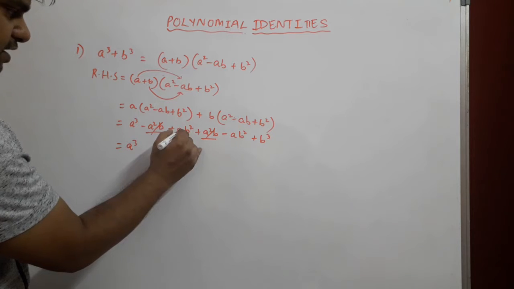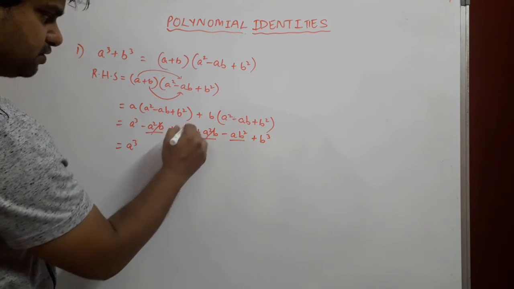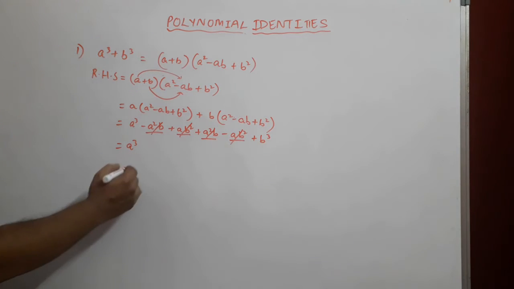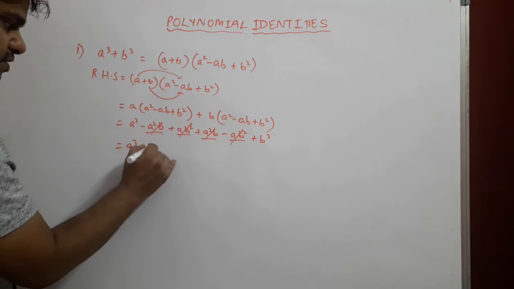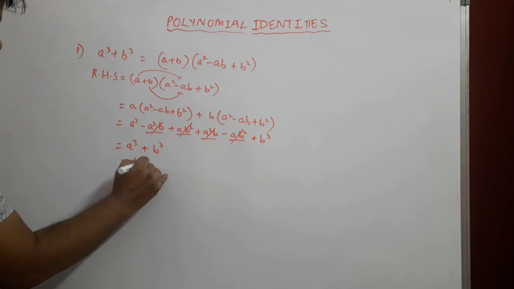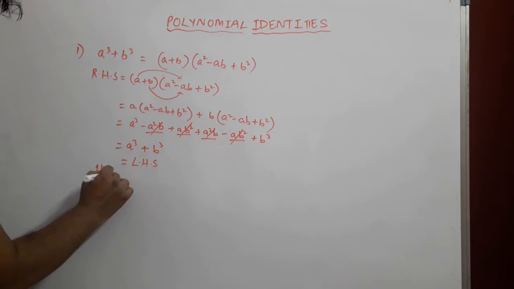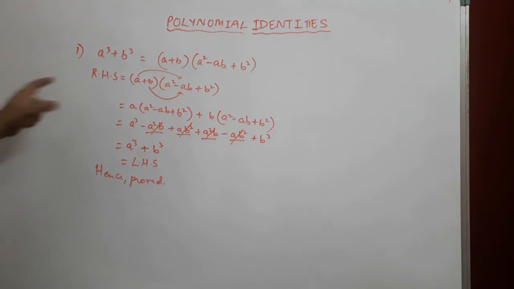And there is another thing we can cancel out over here, that is plus ab square and minus ab square. So we are left with a cube plus b cube, which is equal to our left hand side, hence proved. So that is our first additional identity that we learned, a cube plus b cube equal to a plus b into a square minus ab plus b square.